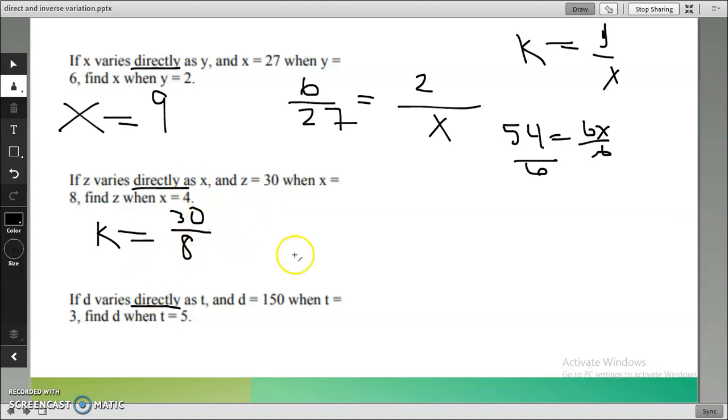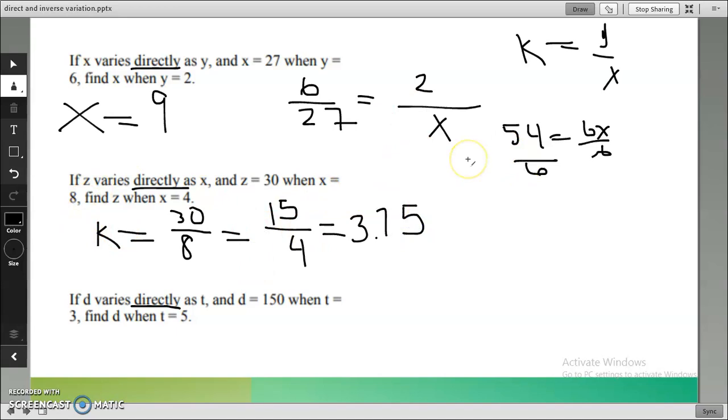We can leave it like that in that fraction form. Actually, we have to reduce it. That's 15 over 4. Or if you just cannot stand fractions whatsoever, you can turn it into a decimal, which is 3.75.